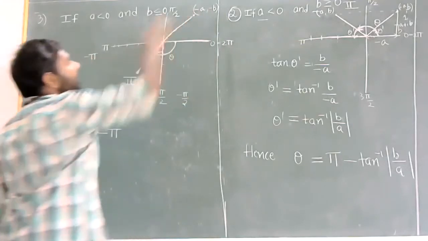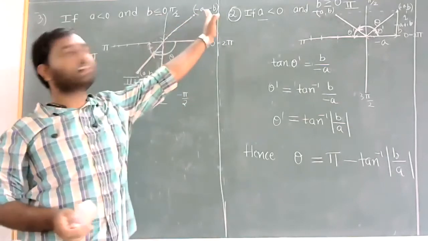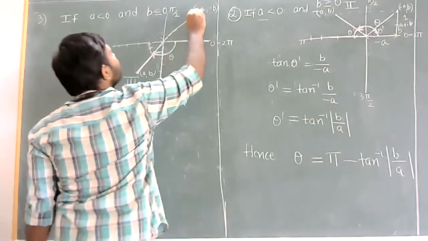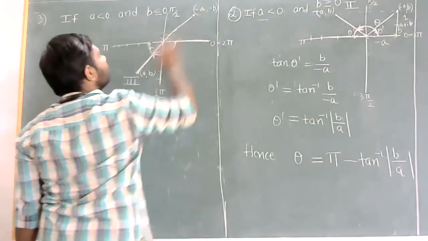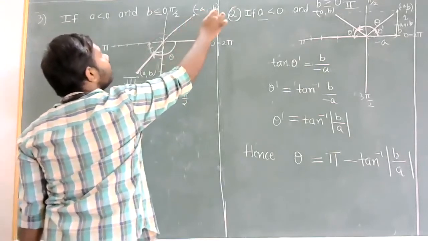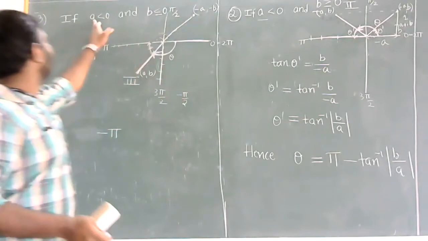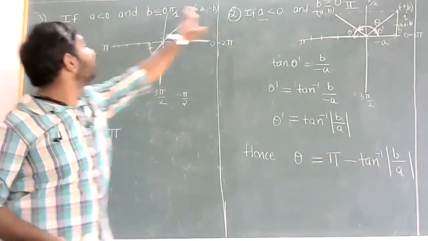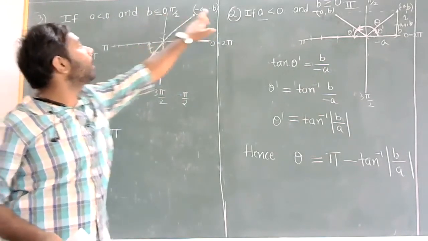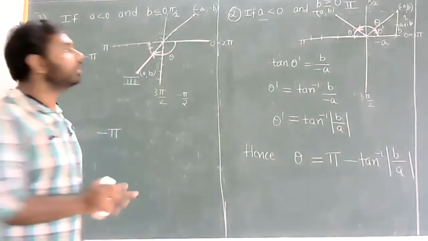So if I extend this line in the opposite direction at the same length, the other end point of this line will be (minus a, minus b). As a is negative, minus a will be positive. As b is less than or equal to 0, minus b will be greater than or equal to 0.